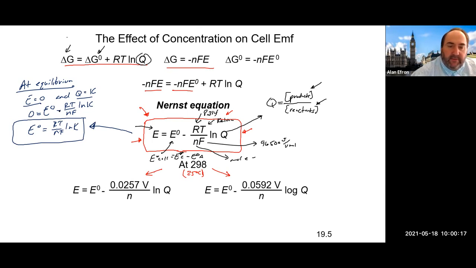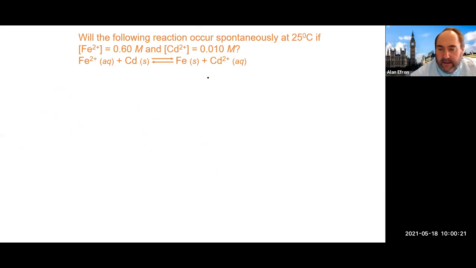All right, so why don't we look at one here and see what we've got going. In this particular problem, will this reaction occur spontaneously at 25 degrees given this reaction? You probably will need some values here, so let me get you some.